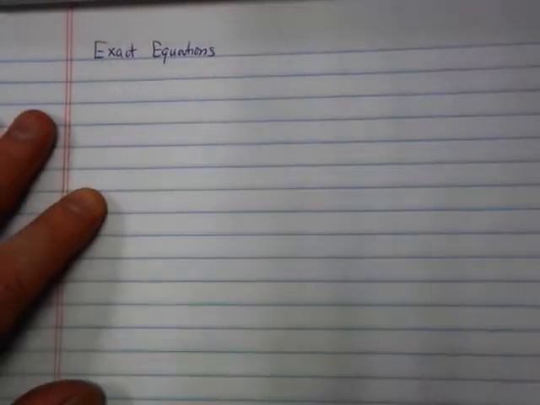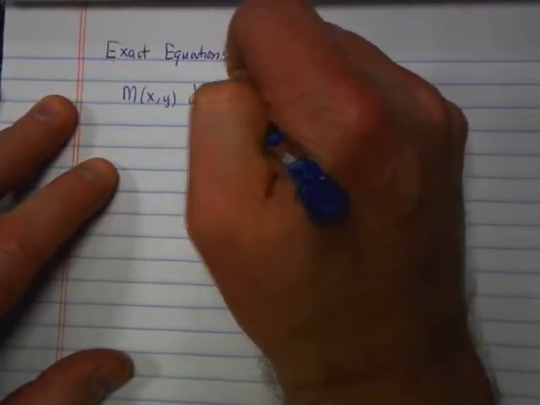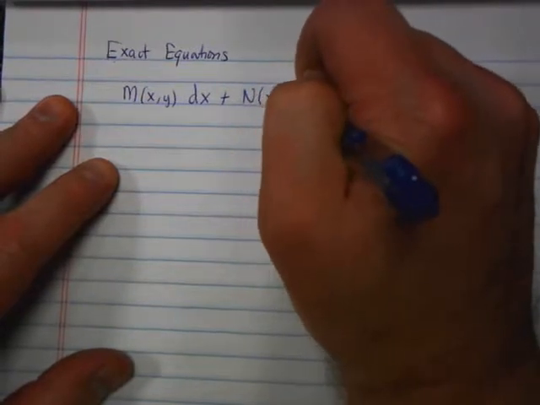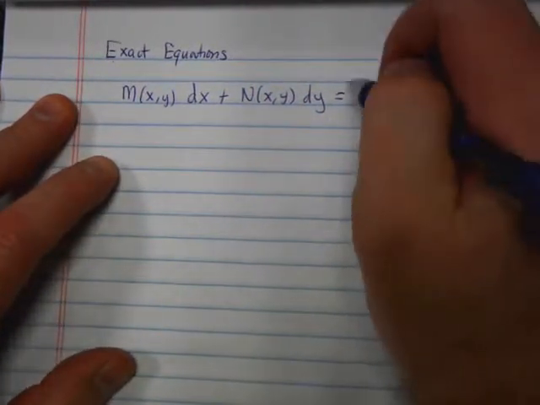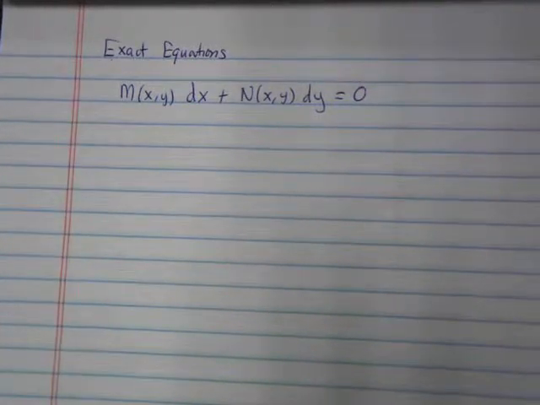Exact equations. Exact equations are usually very easy to identify because they're usually written in a completely different form.